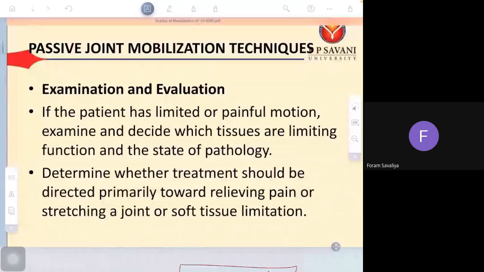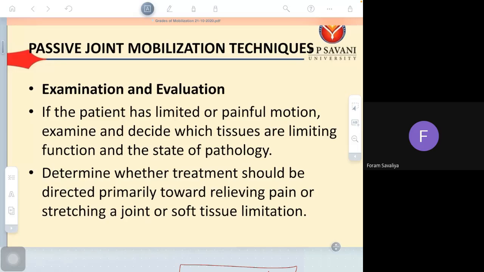First is examination and evaluation. What does it mean? If the patient is having limited or painful range of motion, examine and decide which tissues are limiting. Clear? What is the reason for the limited range of motion or limited function of the joint?